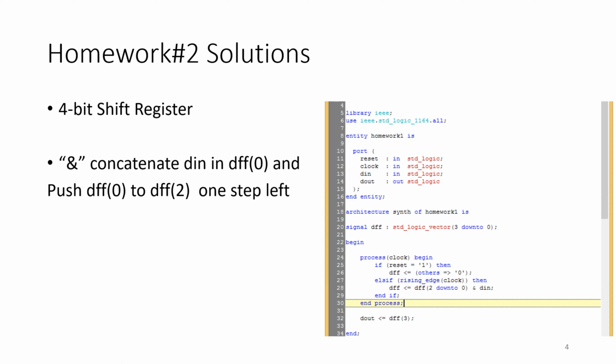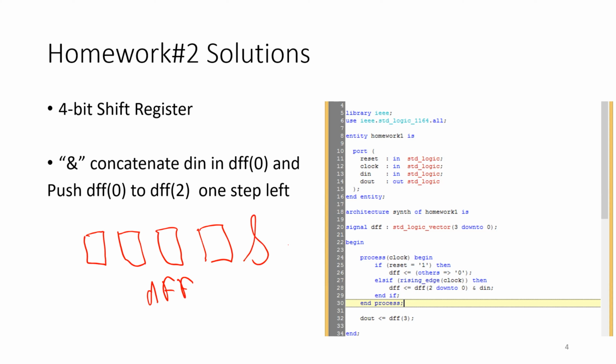What do you mean by this? Let's see. I have 4 bits. This is my DFF, and this is 4-bit. And I have an input that is called D in. I am concatenating it with D in.